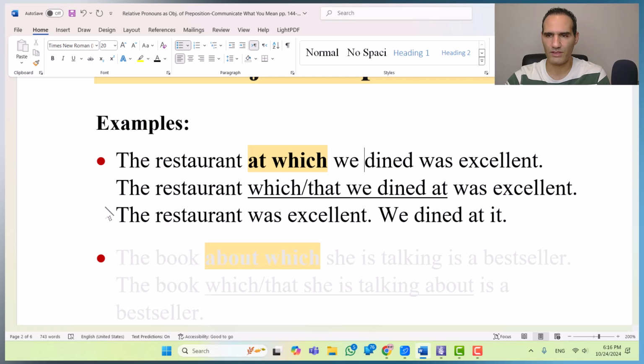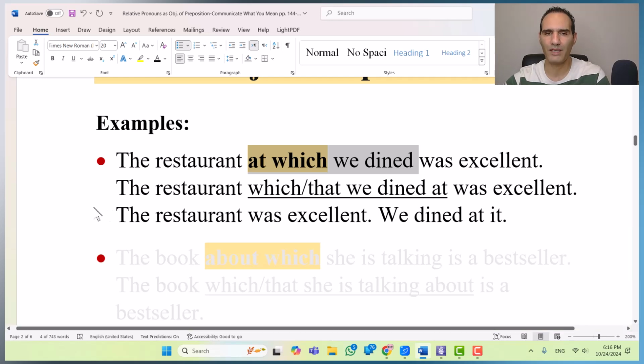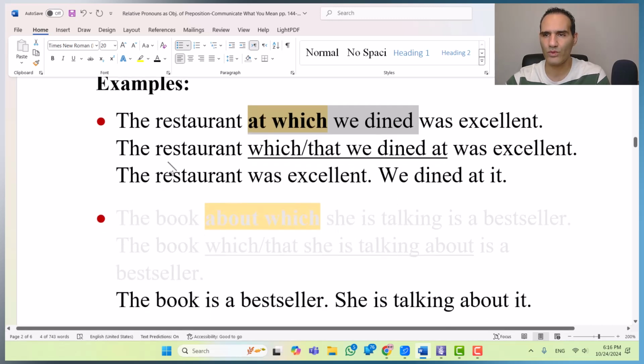Okay, so this is our relative clause. At which we dined comes in the middle of the main clause. The restaurant was excellent. Where do we bring the adjective clause? I told you that it comes after the word it is modifying. We are modifying the word restaurant, so we will bring the adjective clause right after restaurant. The restaurant at which we dined.